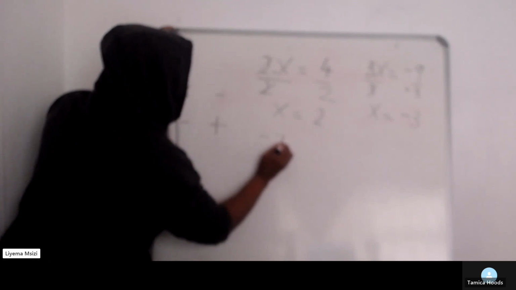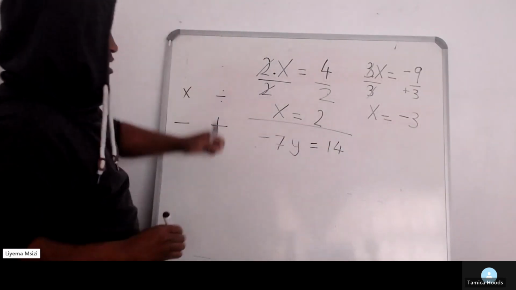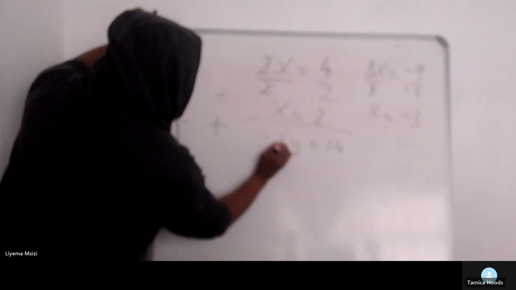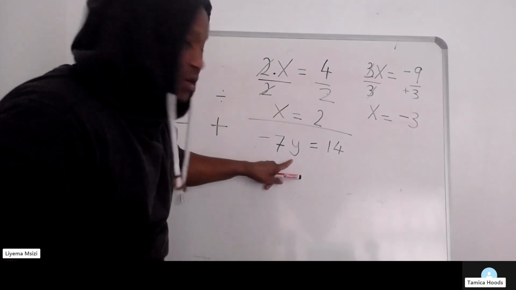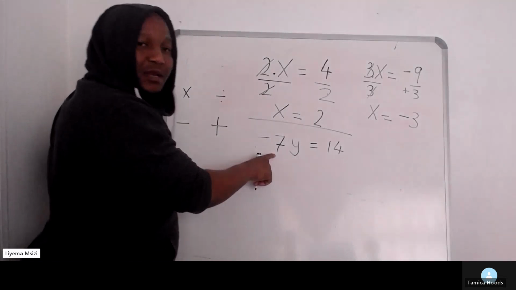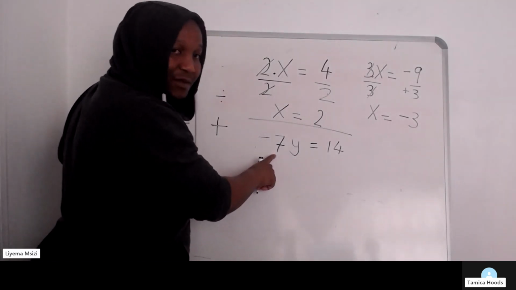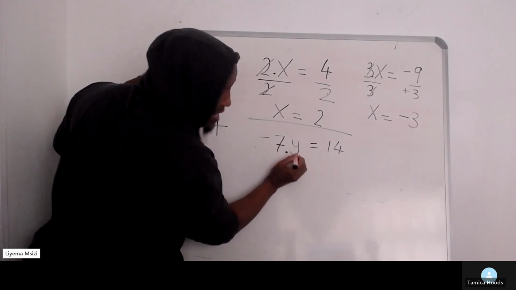Negative 7y equal to 14. So you always look in between. I need y, but I don't need negative 7. What is the sign between the number and the letter?